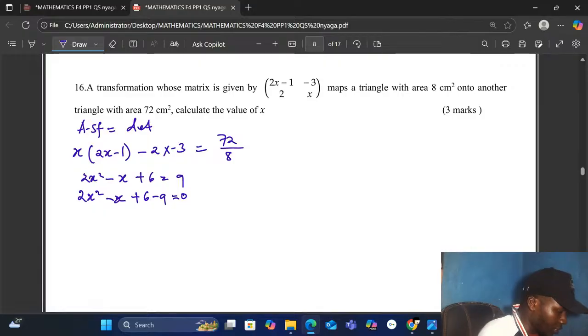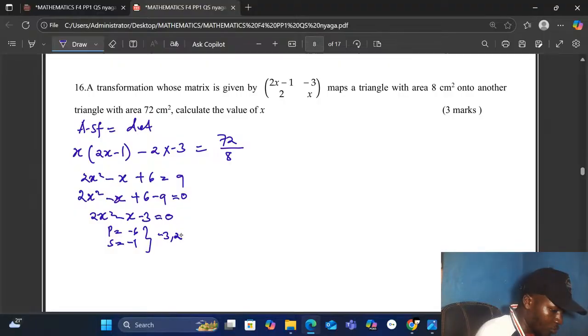We can finish with 6 minus 9, so that we have 2x squared minus x minus 3 is equal to 0. So we can have the product to be equal to negative 6. Then the sum will be equal to negative 1. So the numbers here will be negative 3 and 2.